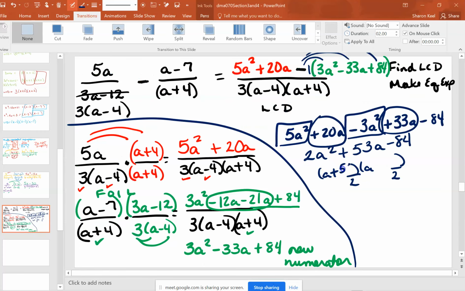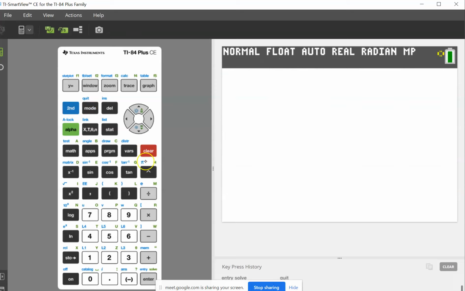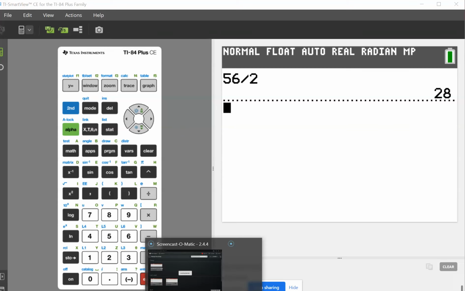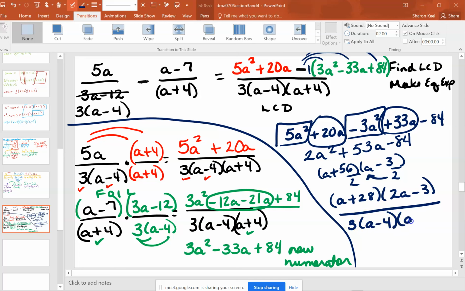A plus 56 and a minus 3. So as we reduce, 56 divided by 2, wait a minute, excuse me, 56 divided by 2 is going to give me a 28. So we have a plus 28, and we have 2a minus 3, because we're going to do bottoms up right here. My denominator is a 3, an a minus 4, and an a plus 4.